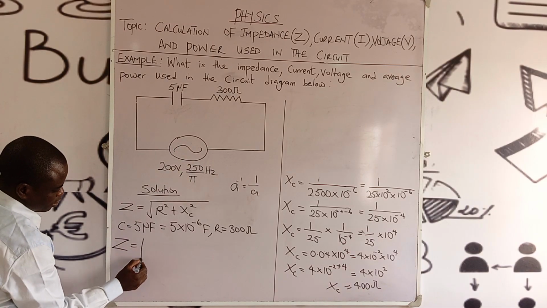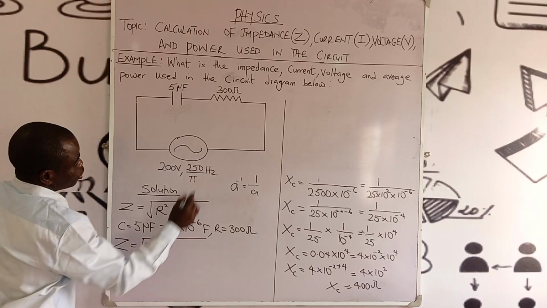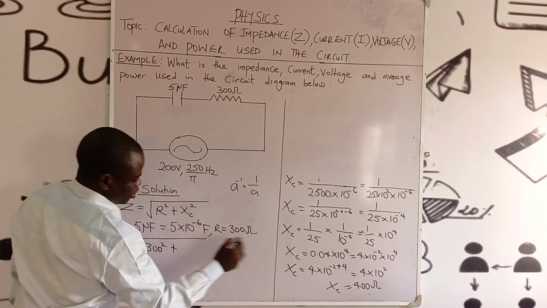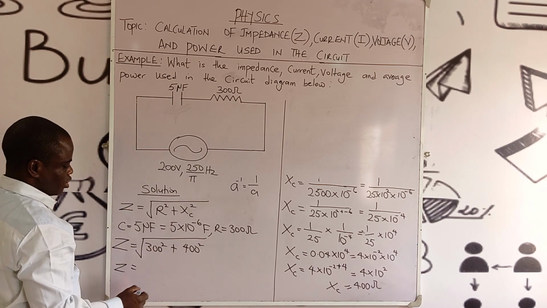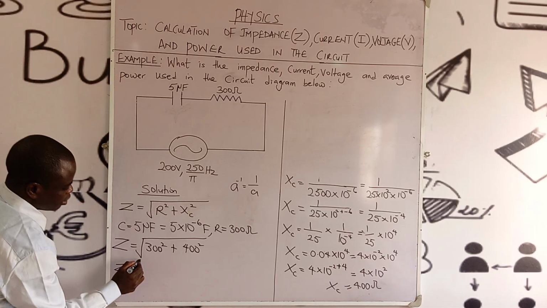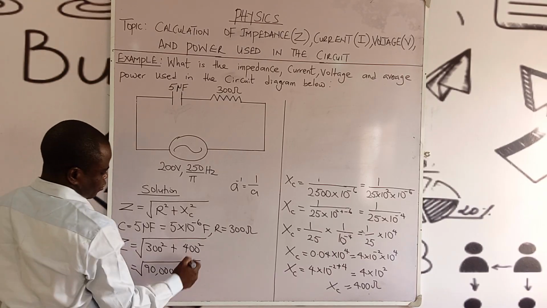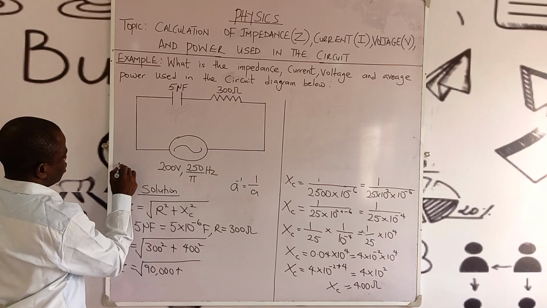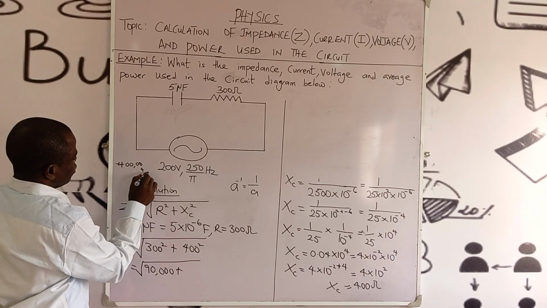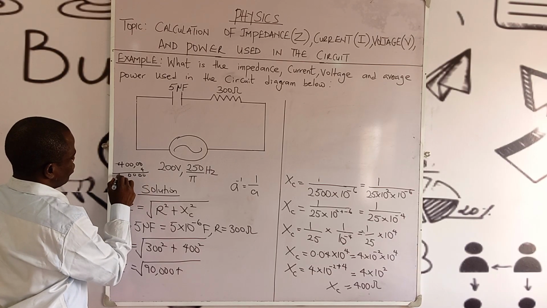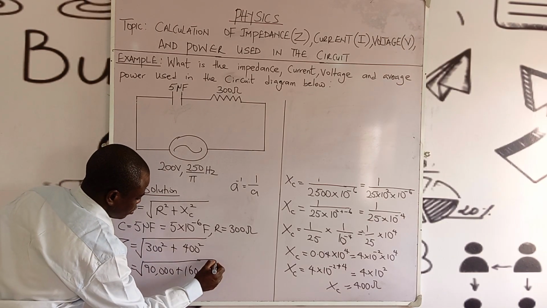Now Z equals the square root of, what's our resistance? 300 squared. We're going to square because of this square, plus 400 squared. Now Z equals 300 squared, which is 90,000, plus 400 squared, that's 160,000.